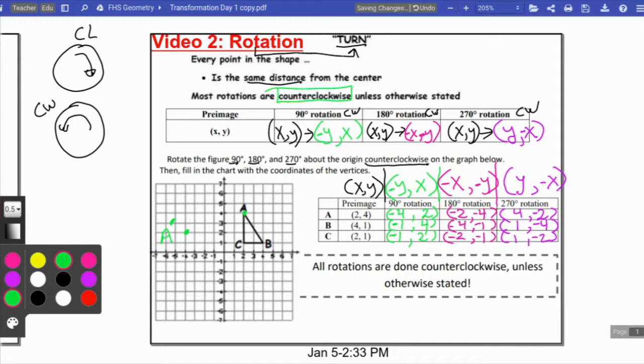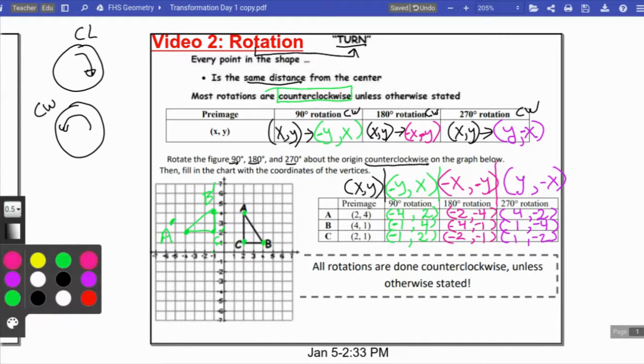Next, B is (4, 1), but now it will be (-1, 4). B prime. C was (2, 1), now it will be at (-1, 2). C prime. I just rotated this picture counterclockwise, so they move to the left.